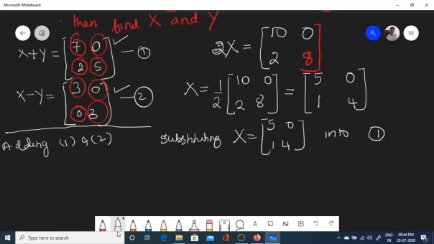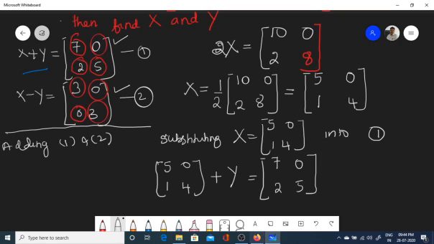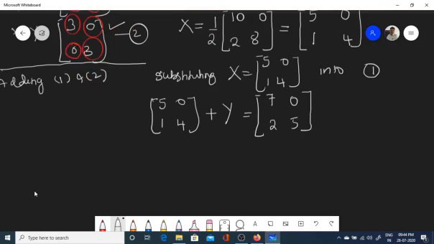So we are getting, so equation 1 ಇದೆ ಇಲ್ಲಿ. So we have equation 1. So therefore this is 5 0 1 4, this is X, plus Y equals 7 0 2 5. So we have this equation. Then we have to find out Y matrix.